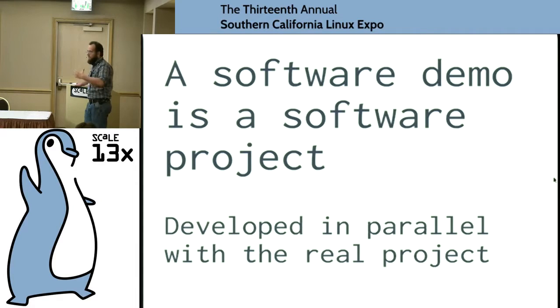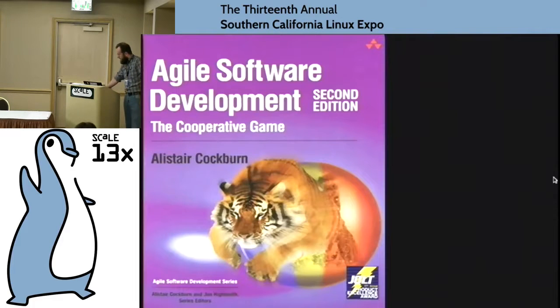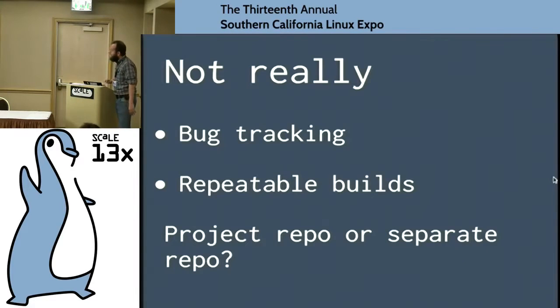And the demo is itself a software project. And so you think, oh, great, we get to do all these daily stand-up meetings, and we get to have a big board that's covered with cards and stuff. We can do all this software development jive around putting a demo together. Well, actually, we don't have to do that. We just have to get a couple basic items together.